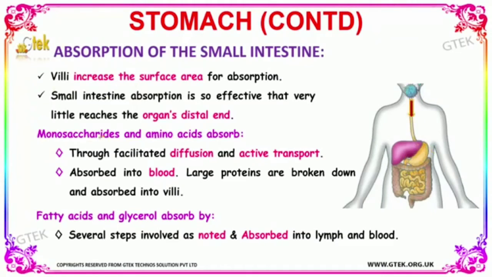Your small intestine has the monosaccharides and the amino acids, which are absorbed by your small intestine through the villus. And how does villus absorb? That is done by diffusion and active transport.